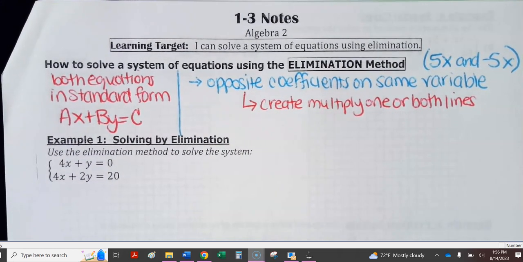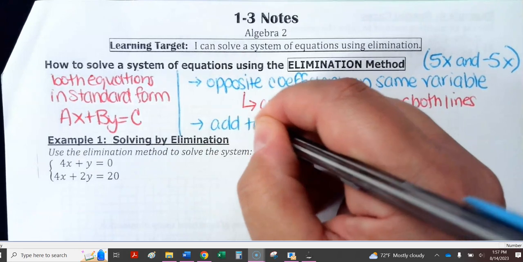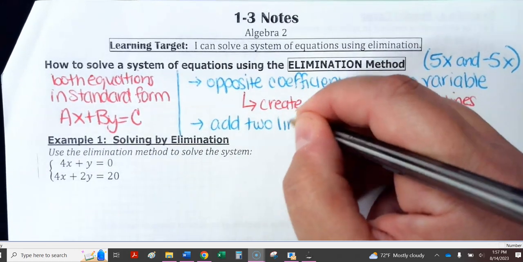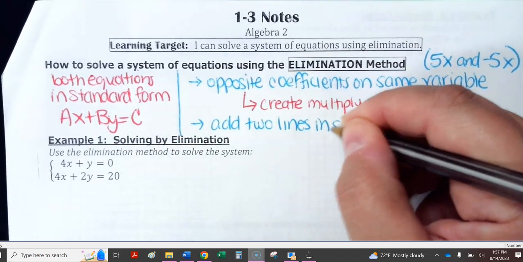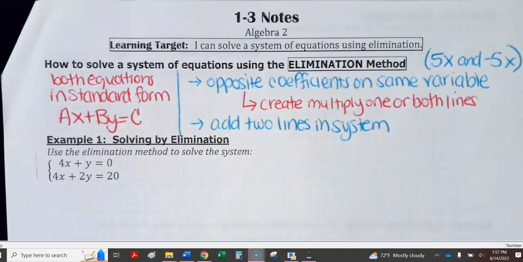All right, and then once you have opposite coefficients, all you're going to do is add the two lines in your system, and that'll eliminate whichever variable has opposite coefficients.